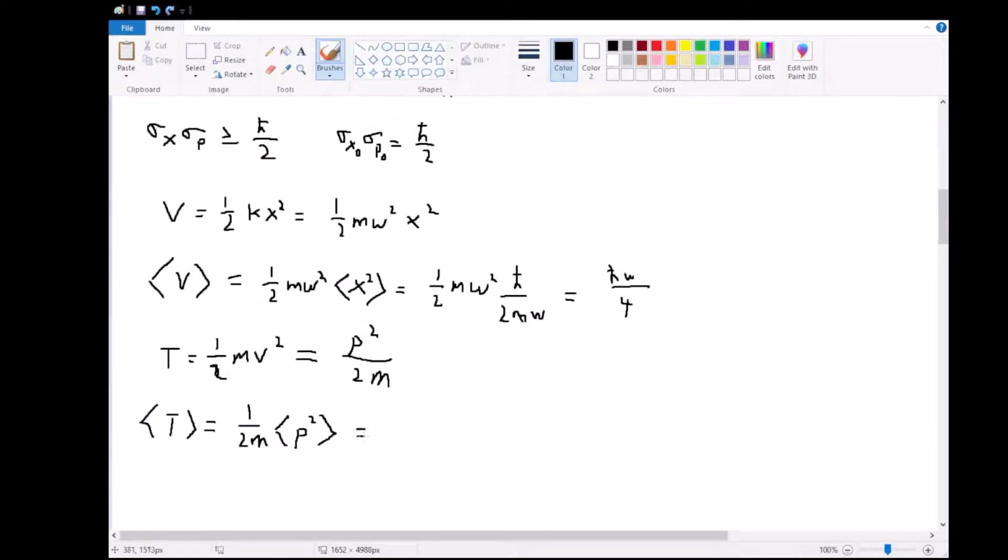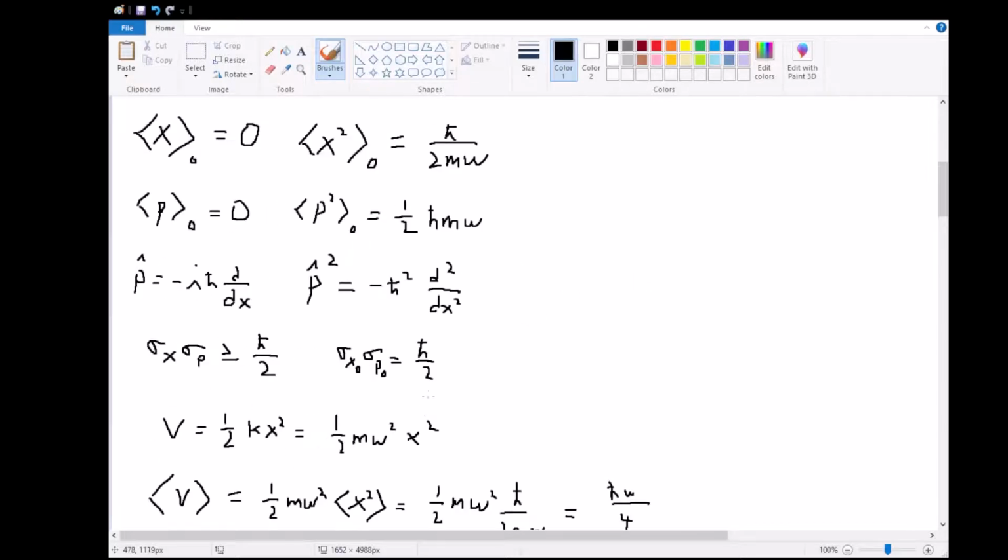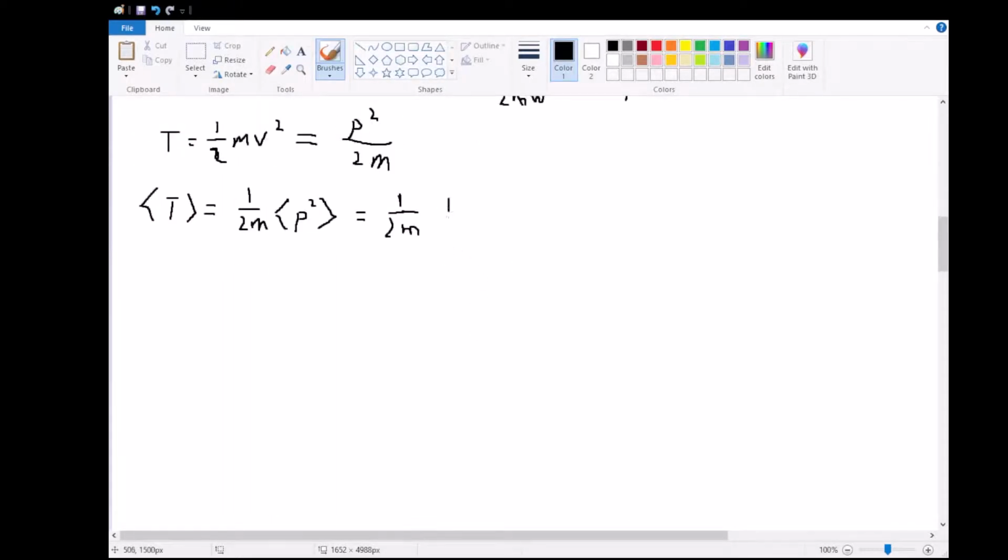So this equals 1 over 2m times 1/2 h bar m omega. Then the m's cancel, and we get 1/4 h bar omega.